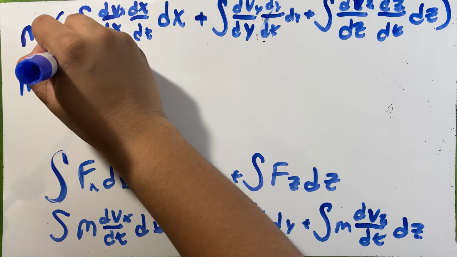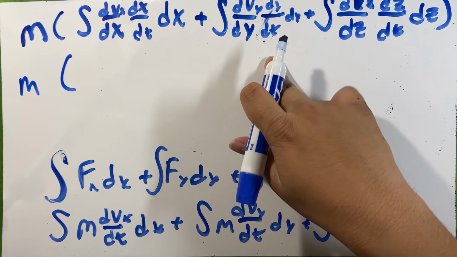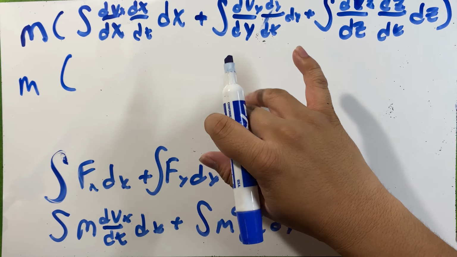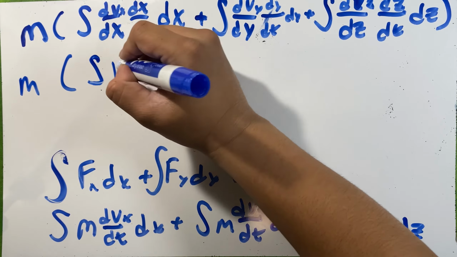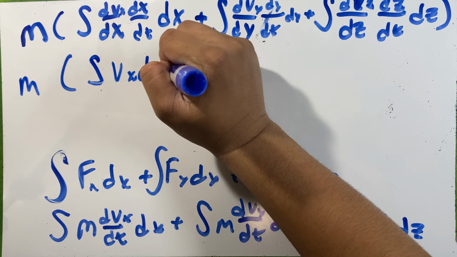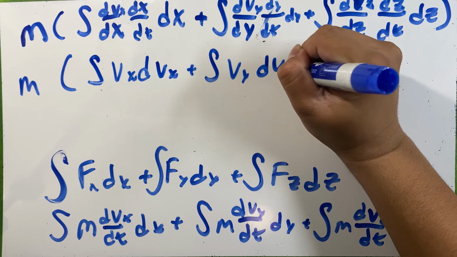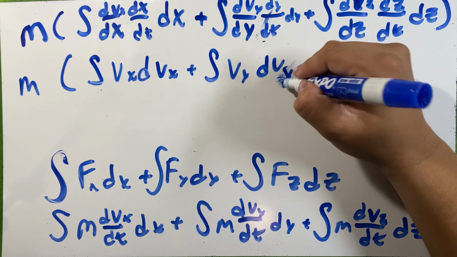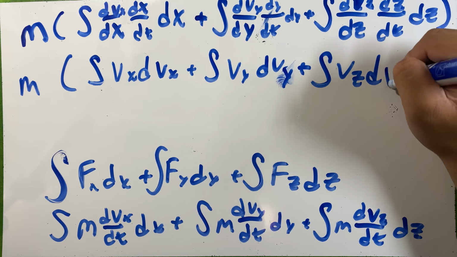So this is just velocity in the x direction, this is velocity in the y direction, this is velocity in the z direction. And then this cancels, so you end up just getting the integral of Vx dVx plus Vy dVy plus Vz dVz.